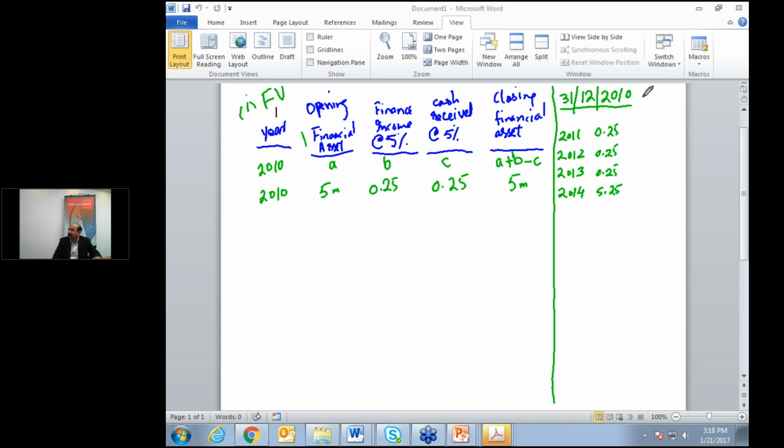Then the discount factor will be at the rate of 6%, appearing for the first, second, third and fourth years.